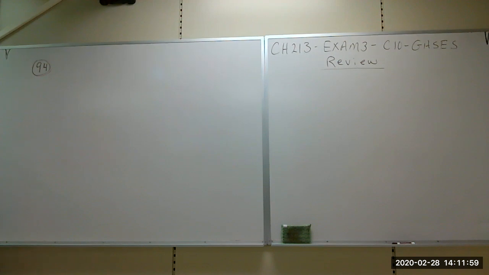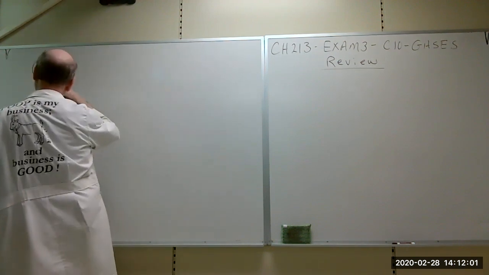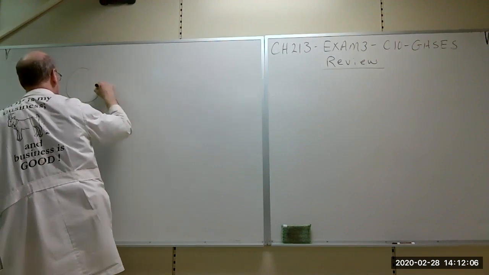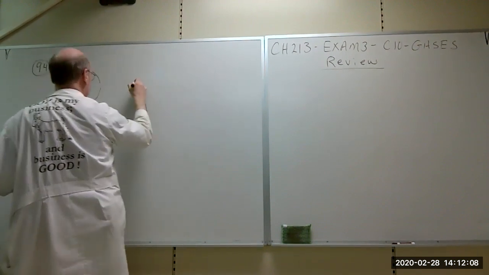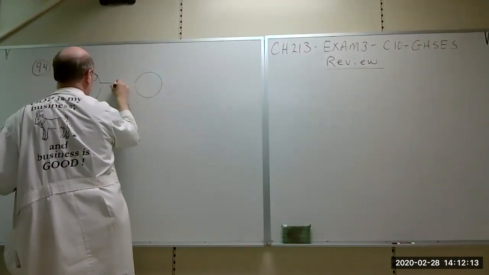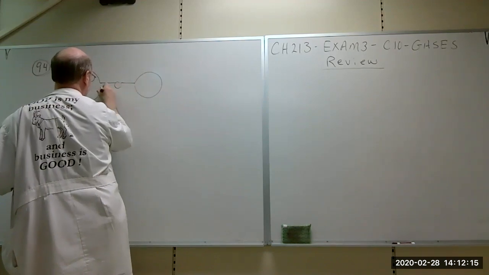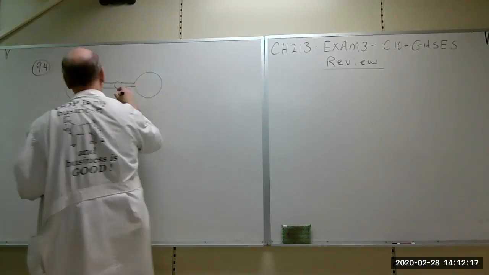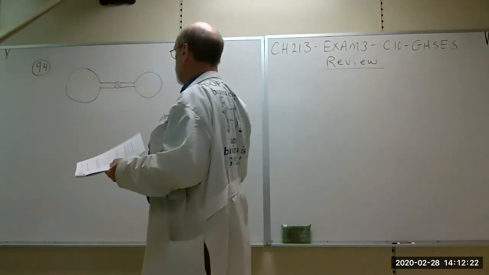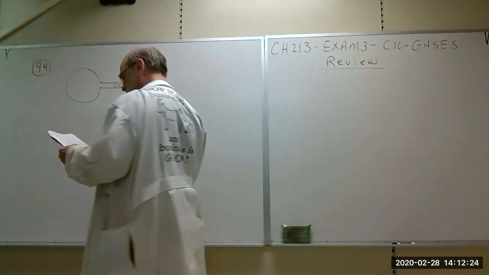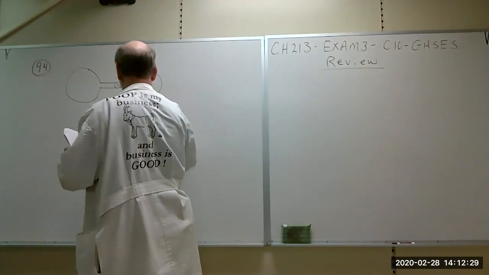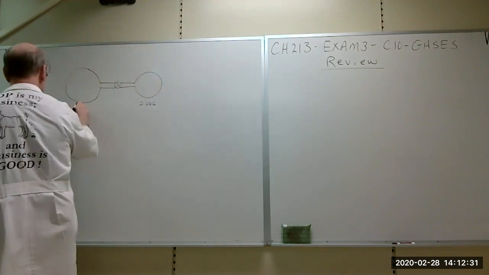Okay, we've got this contraption. Here, there's a valve in the middle. And initially, this is a 2-liter bulb, and this is a 3-liter bulb.